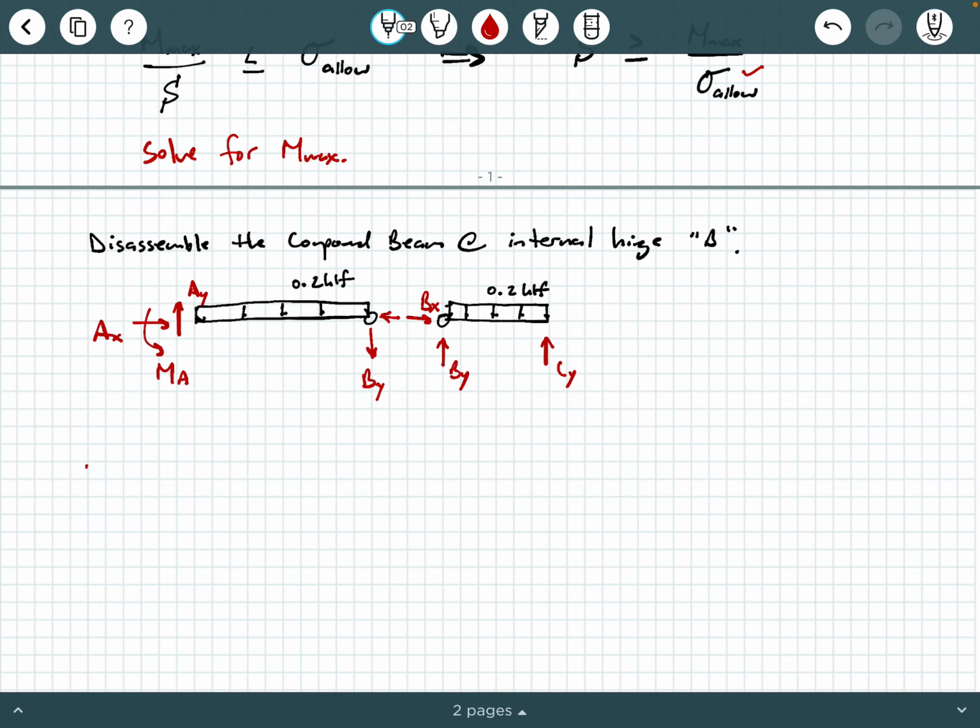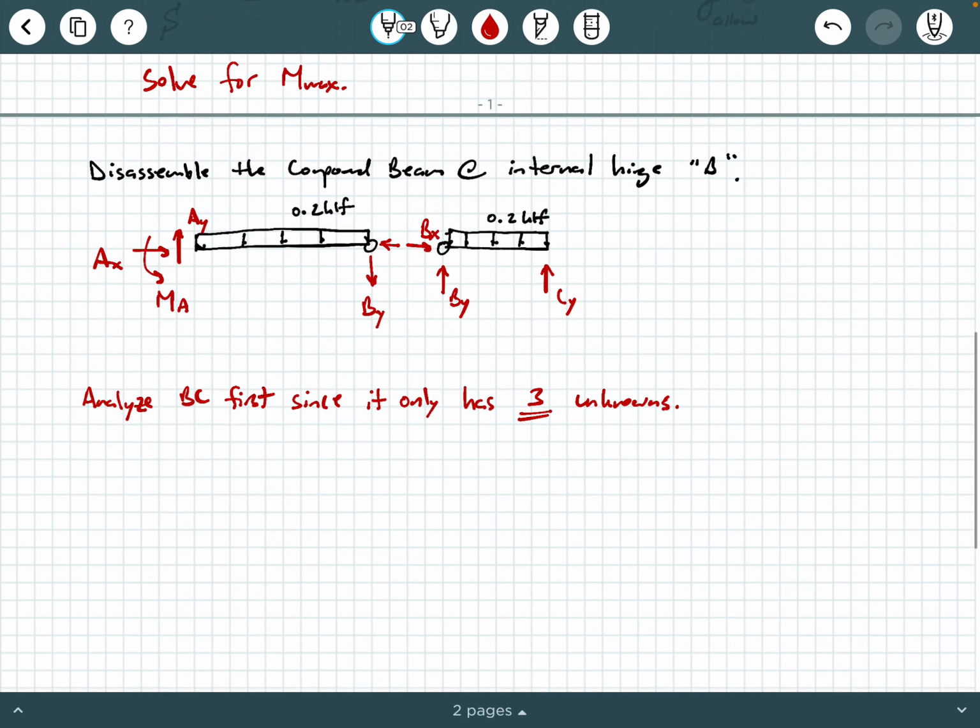We're going to say analyze BC first, since it only has 3 unknowns. So you always want to start with the segment that has the least amount of unknowns for you to solve for and apply your equilibrium equations to.